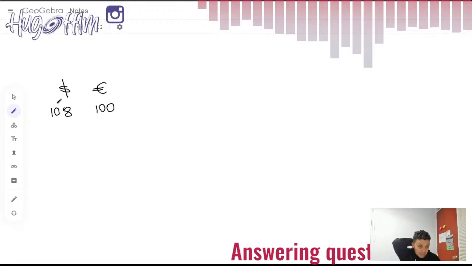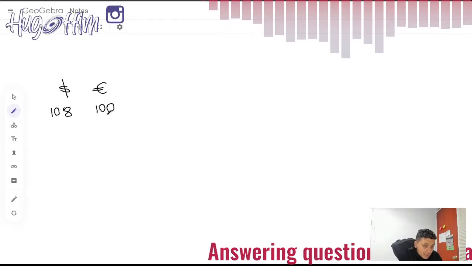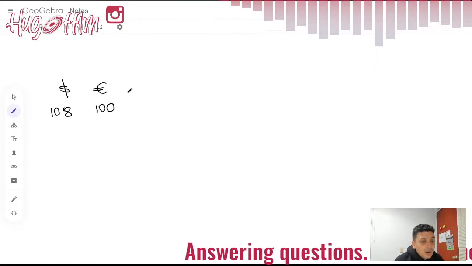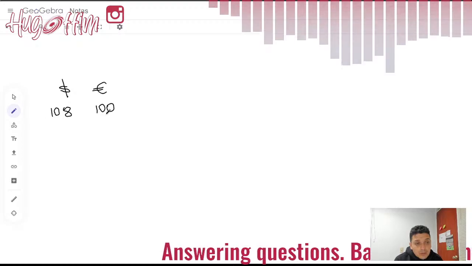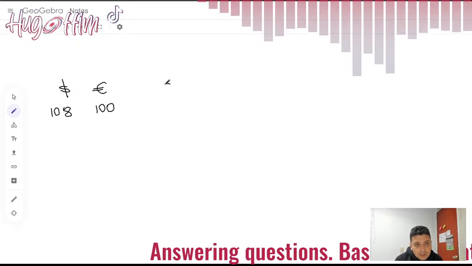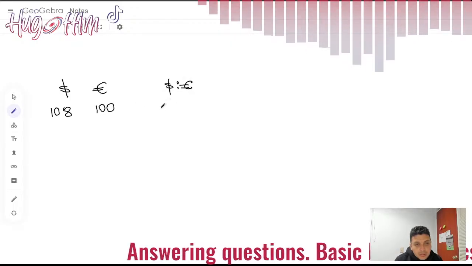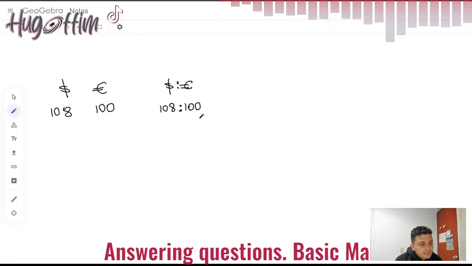So this is something you must know when you convert a currency. When it says $108 is 100 euros, what it's telling you is just that this is a unit rate. Okay, so the unit rate, if you take dollars to euros, the ratio is going to be 108 to 100.